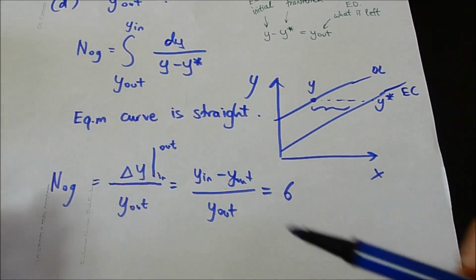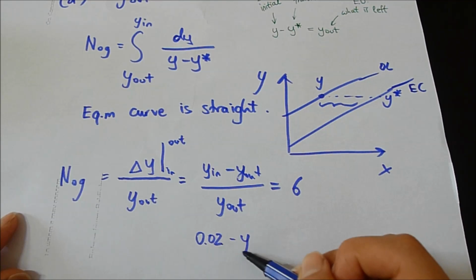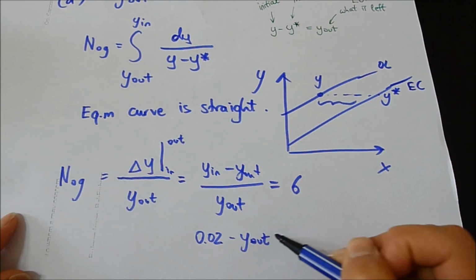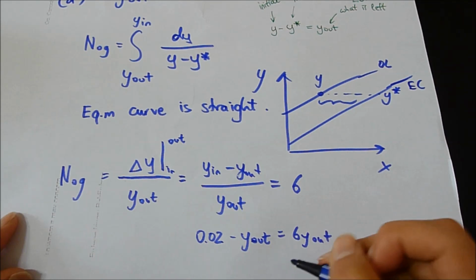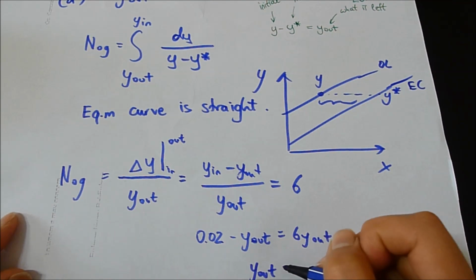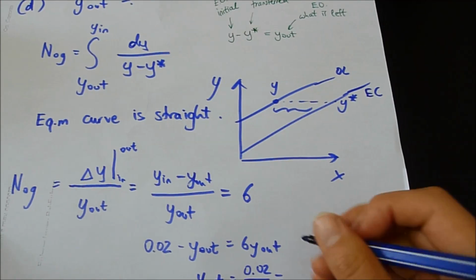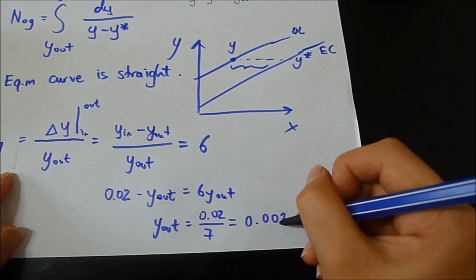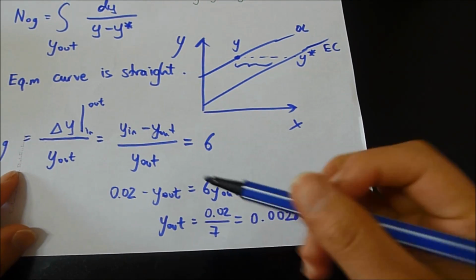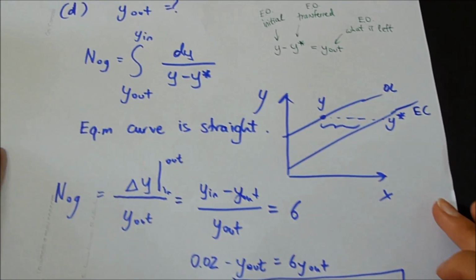So 2 mole percent is 0.02, minus y out, equals 6 y out. So y out is equal to 0.02 over 7, which equals 0.00286. So this is our calculation for y out.